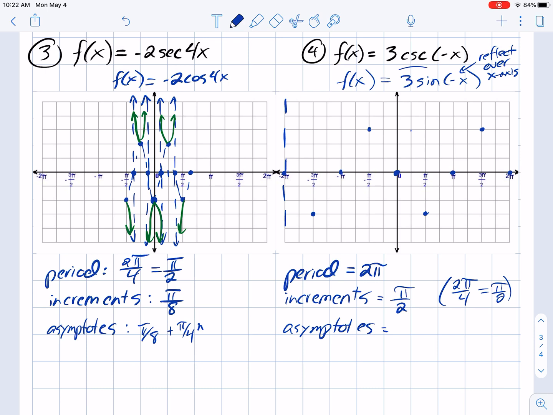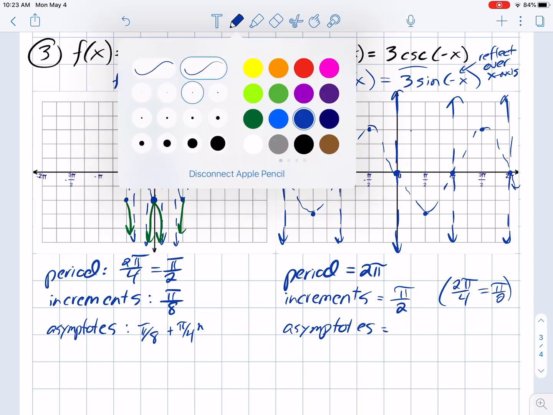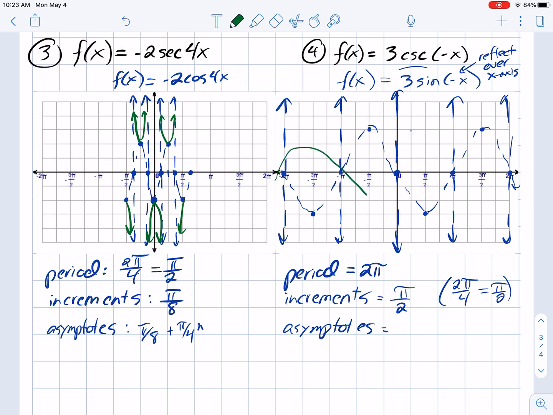All your asymptotes are where the sine graph is 0 or crossing the x-axis. So we want to plot our asymptotes, and we want to sketch a dotted line of what our sine graph looks like. Hopefully you can see the reflection, because normally sine would look like this, but because it's reflected, it does not.